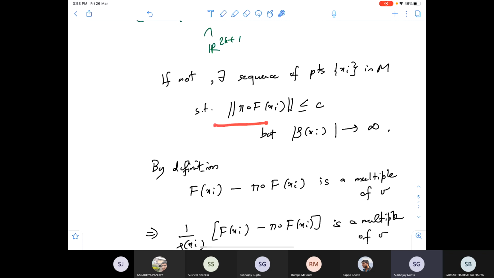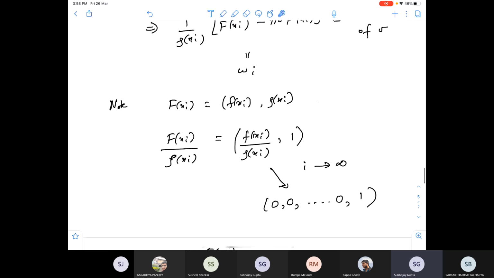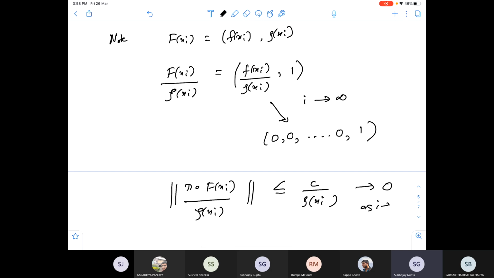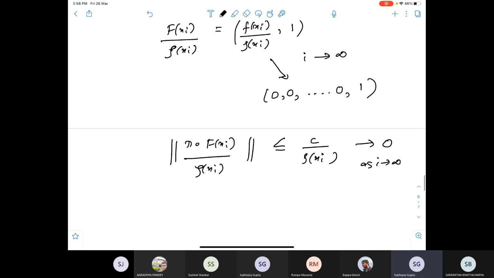We are assuming that this is true. So this divided by rho of xi, the norm of this would be less than or equal to c upon rho of xi, so that goes to 0. So this second term just gives you the 0 vector as i goes to infinity.